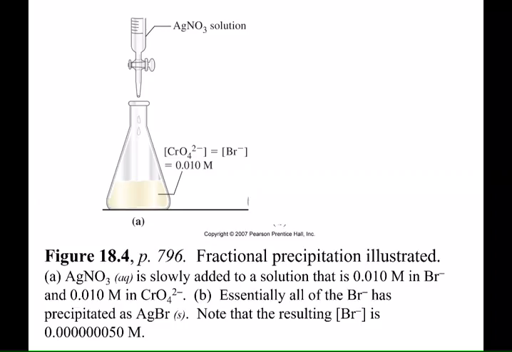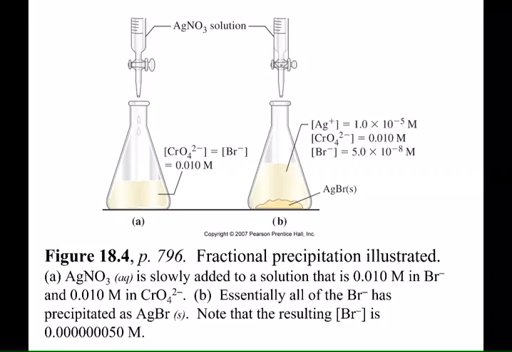Nitrate is the spectator. The silver cation can form silver chromate, or it can form silver bromide. We had just done one with silver chromate, and I made a big deal of it being generally insoluble. But guess what? Silver bromide is even less soluble than silver chromate. So look at what precipitated out first. It's totally your silver bromide.